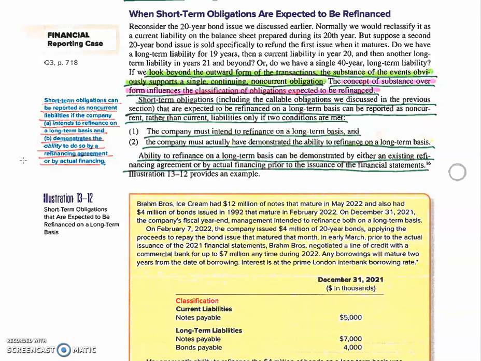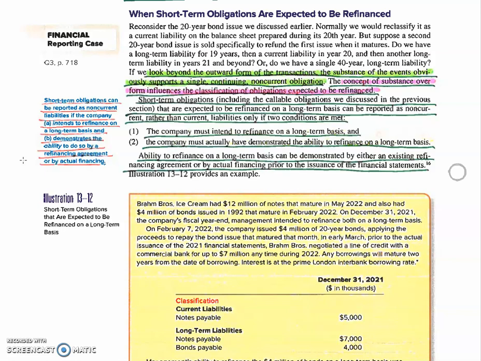It's a judgment call that management and ultimately the auditors are going to have to make. But if a company can demonstrate they have the ability to refinance that debt and they express an intent to do that, then that debt stays as long term, even though it's due within a year.